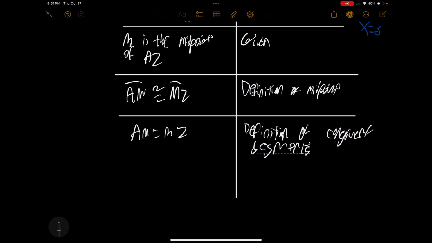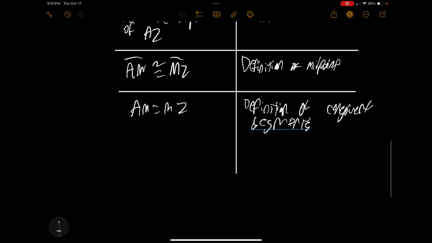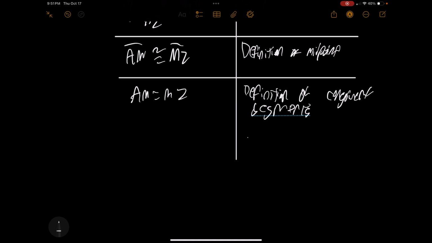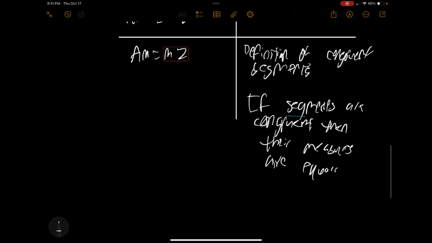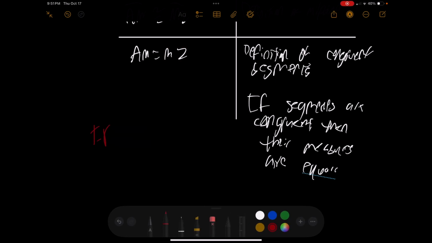So if I didn't remember the definition of congruent segments off the top of my head, I could write: if segments are congruent, then their measures are equal. And look at that. It's an if statement. It's a conditional like you did earlier. If hypothesis, then conclusion.